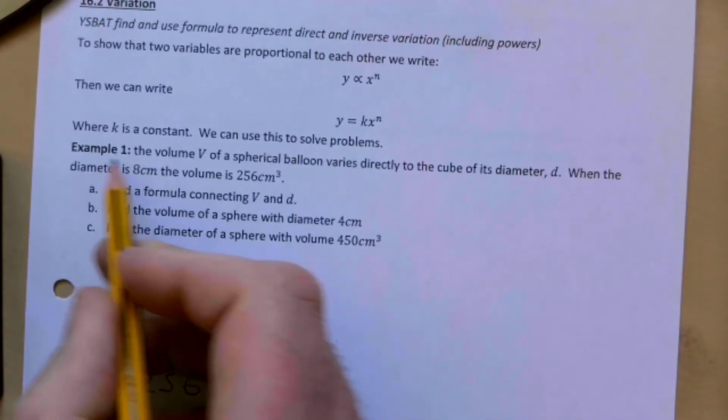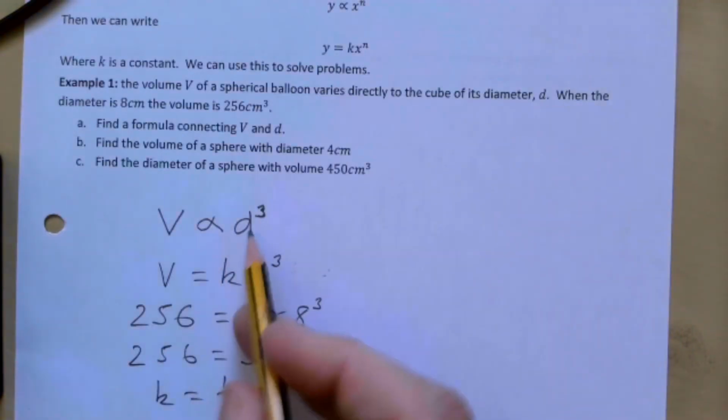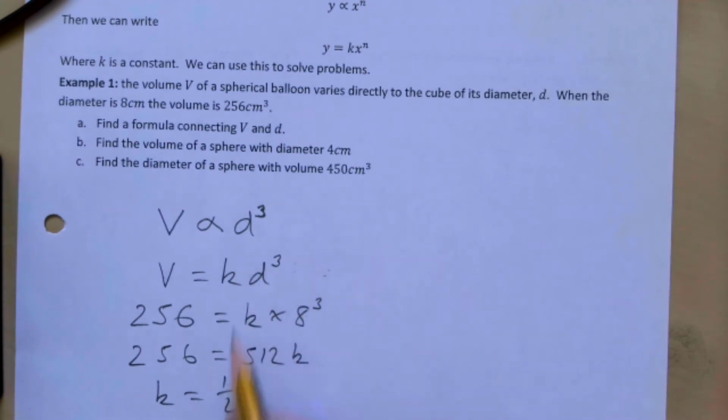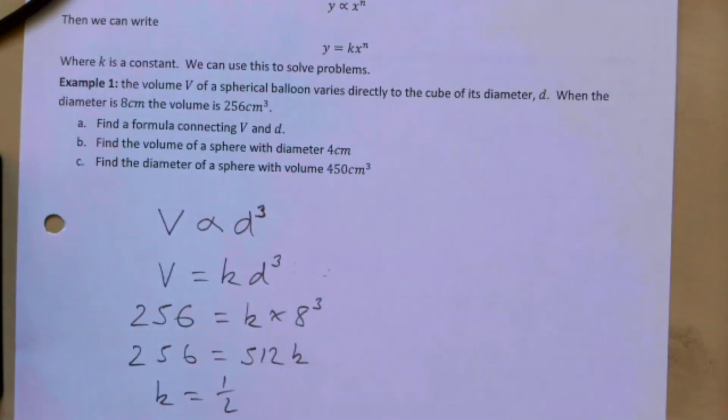The idea of this first part of the question, before we even have the A, B and the C, is that we can get the formula established and work out the k. So we've worked out our k, and we can now use this. So this was actually part A. Find the formula connecting V and d. So here is our formula connecting V and d.